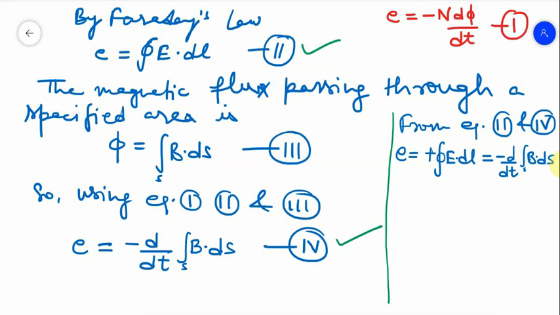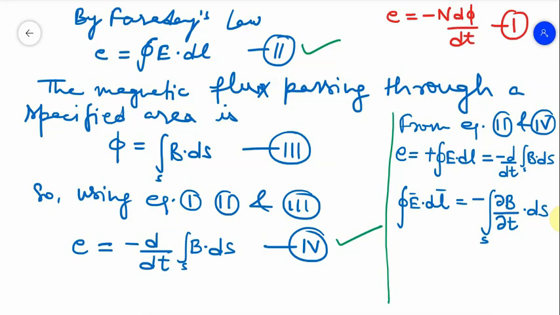If we equate together, then we will get that this E dot dl, both in vector form, equals minus, and if we take this d by dt inside, it will be converted into partial differentiation, del B upon del t dot ds, and this is the surface integral.